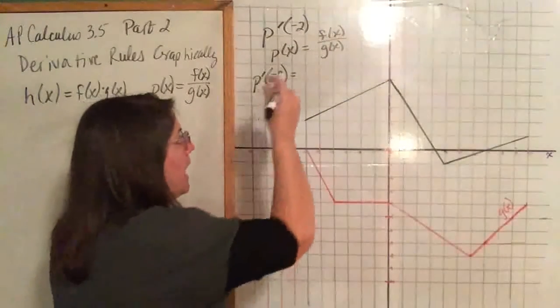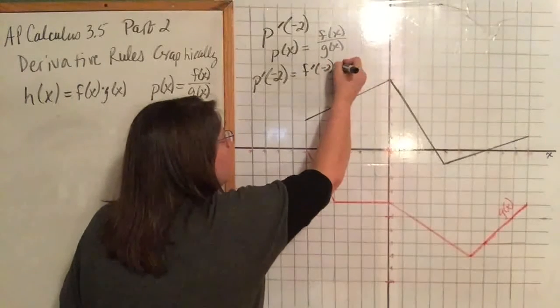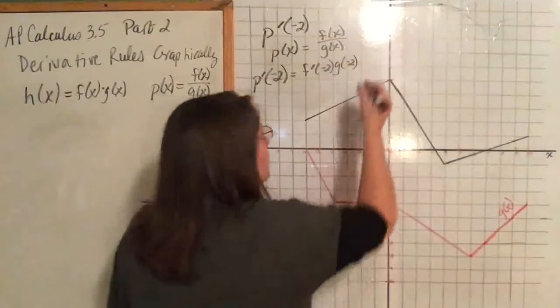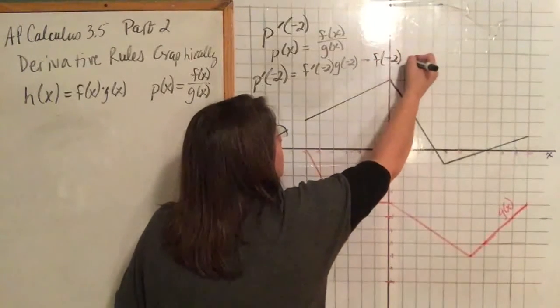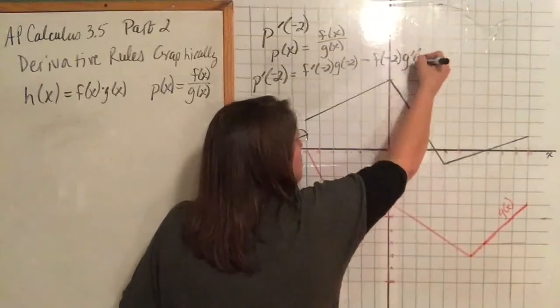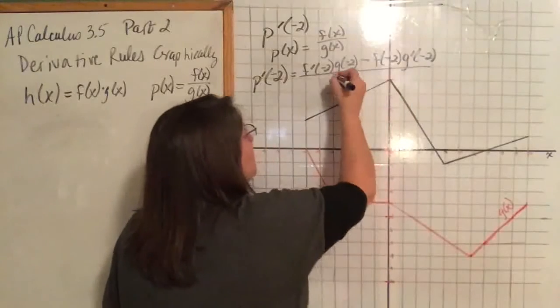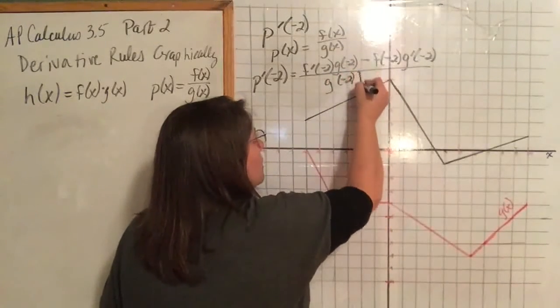The derivative of the top would be f prime of -2 times the original bottom, g of -2, minus the original top, f of -2, times the derivative of the bottom, g prime of -2, all over the bottom squared. So that's g of -2 squared.